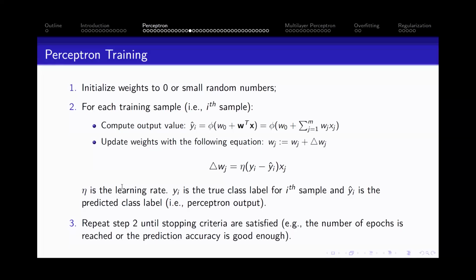And then in the second step, for each training example, you are going to compute the output value y hat, and we call it z, which is inside the parentheses, and you are going to apply the activation function phi on that calculation to make a decision and classify your example to class C1 and C2, right? Depending on which activation function you are using.